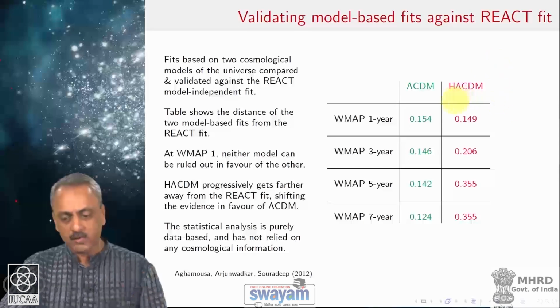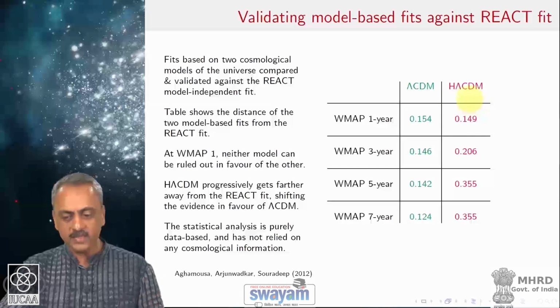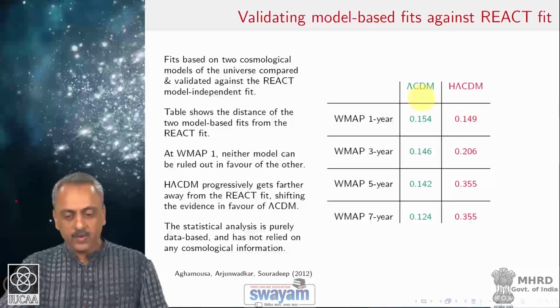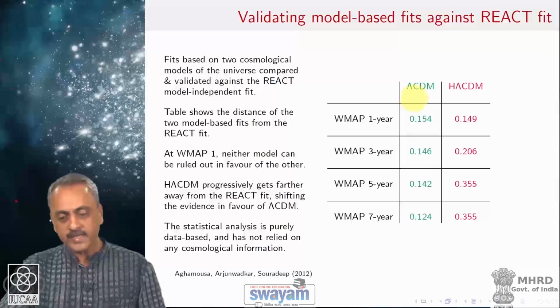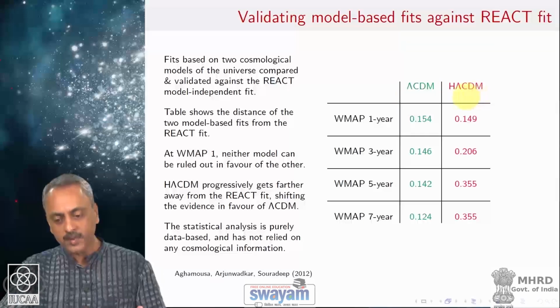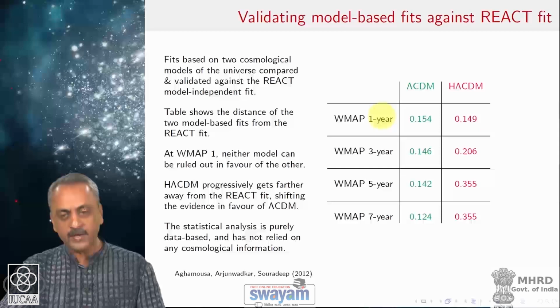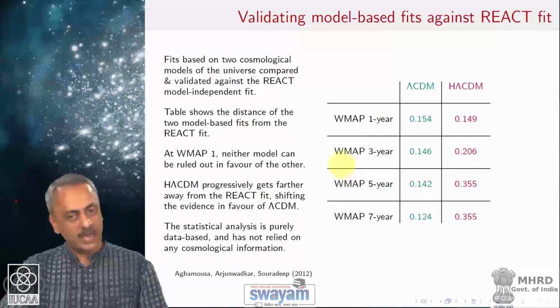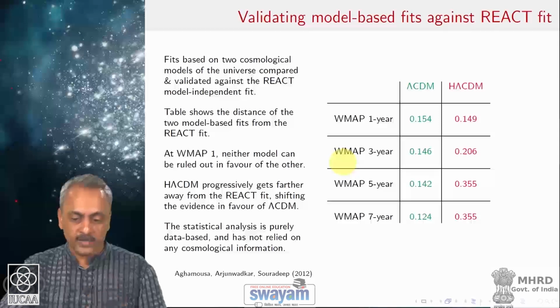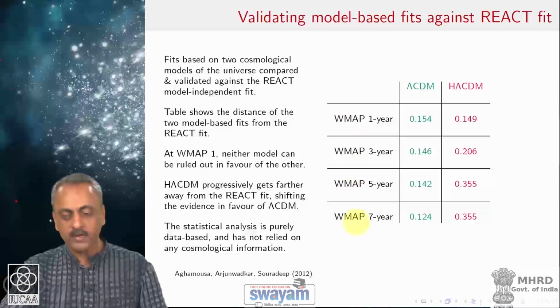Such models are called hot lambda CDM models. We obtain the parametric fit from lambda CDM model, obtain the parametric fit from the hot lambda CDM model, and we of course have the non-parametric fit and the associated confidence sets for each of the WMAP data realizations.